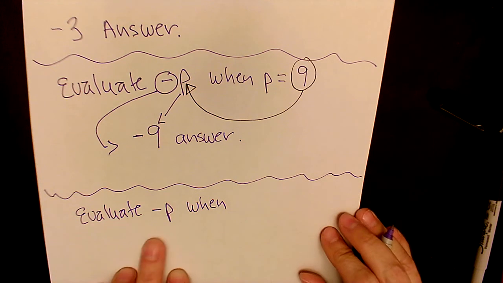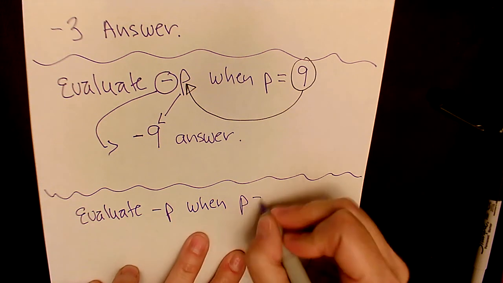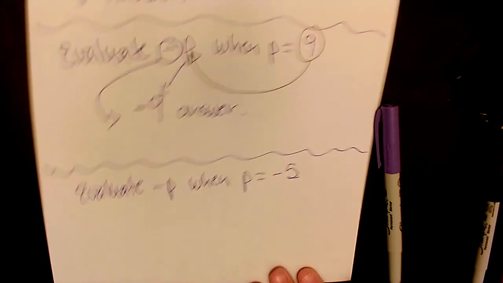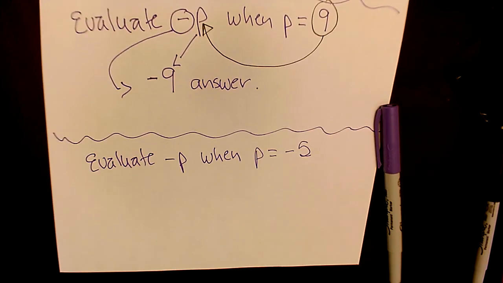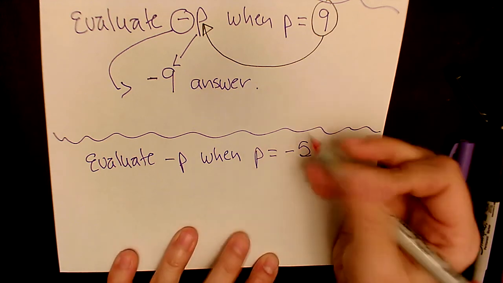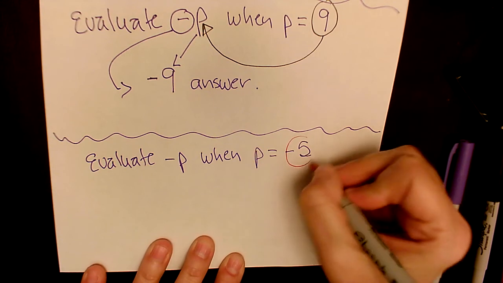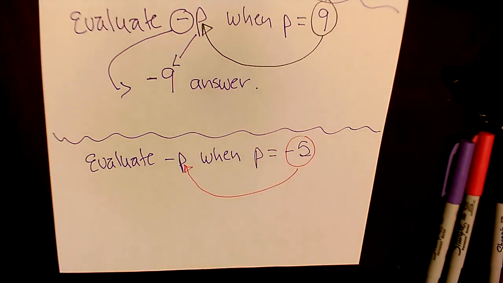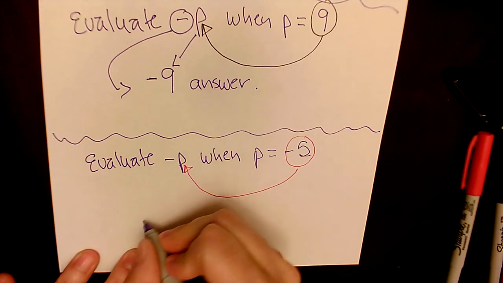Let's do another: evaluate -P when P is -5. Okay, so evaluate means to plug in. So I know P is -5, so I'm going to take this -5 and replace that P, take out that P, and put in a -5.